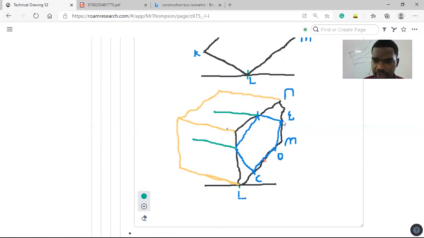Now this angle line, go back 70 millimeters, stops about there. Finally, this angled line, going back 70 millimeters. Okay, let me just redraw that. Right, there we go. Stops about there.